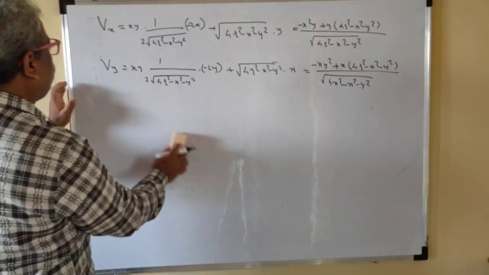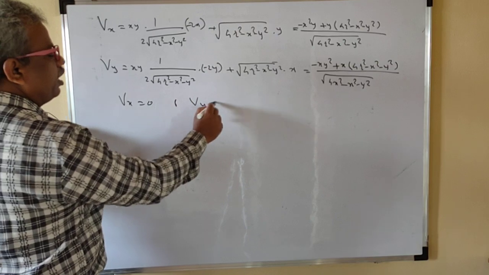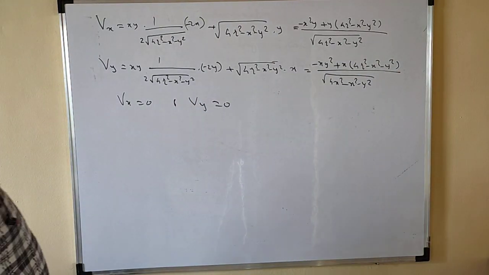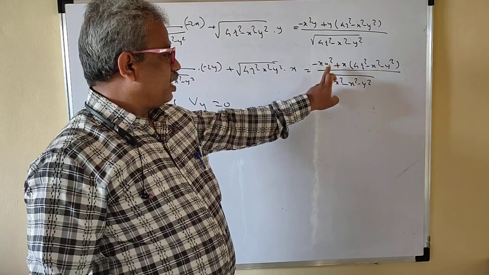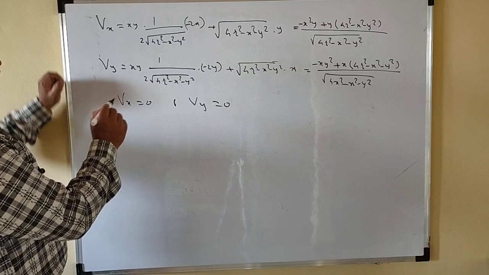so we have to put Vx is equal to 0 and Vy is equal to 0. Okay, so now here, y common you can take here, x you can common. So y common. What we get there?